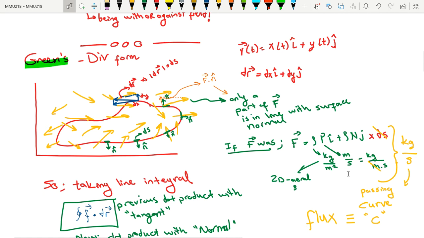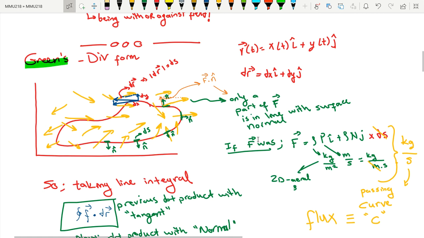So if I cancel out one of those meters there, I will end up with kilograms per meter second. And then if I just multiply, this is not a cross product, just a multiplication by ds, I will be able to cancel out one of those meters too, and that will be equivalent to kilograms per second passing the curve at a certain time.